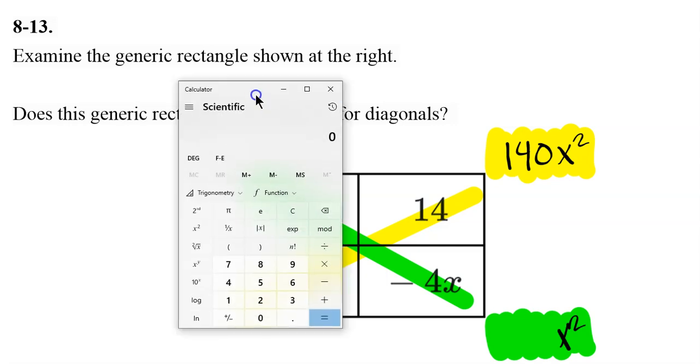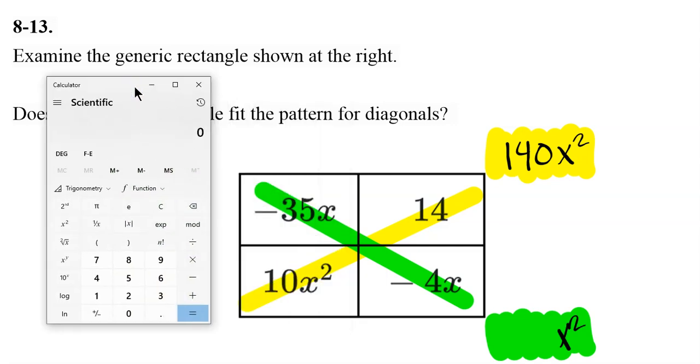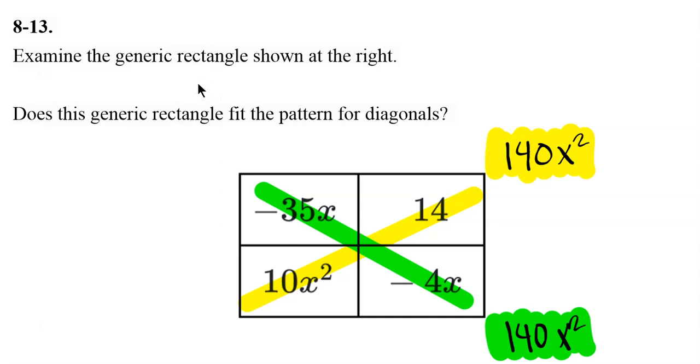If we go 35, that's negative, and we multiply that times a 4, that is also negative, we get positive 140. To make a long story short, does it fit the pattern for diagonals? Yes, it does.